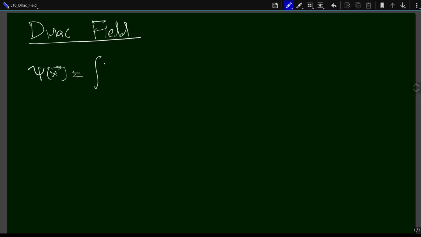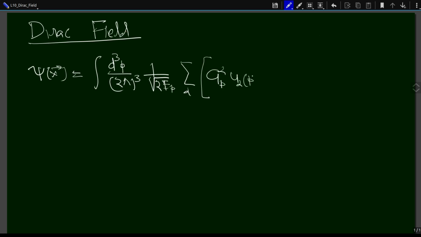So psi of x is d^3p over (2 pi)^3, 1 over square root of twice E_p, sum over alpha of a_{p alpha} u_alpha(p), the u spinor, times exponential i p dot x, plus b_{p alpha} dagger v_alpha(p) exponential minus i p dot x.